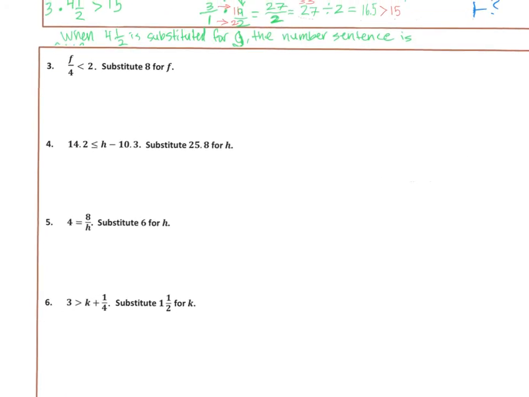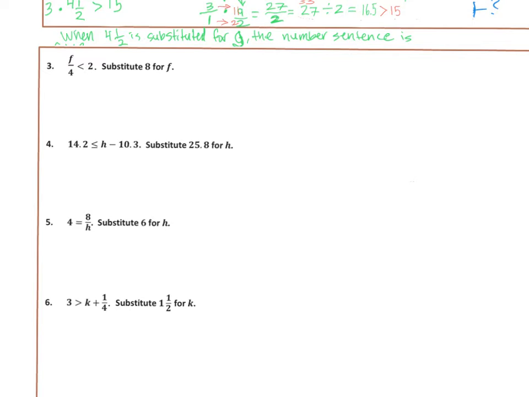So number 3 says that we need to substitute f with 8. And this is f over 4 is less than 2, okay? Less than 2. You could say that a different way by saying 2 is greater than, 2 is being devoured by Pac-Man, 2 is greater than f over 4, okay?